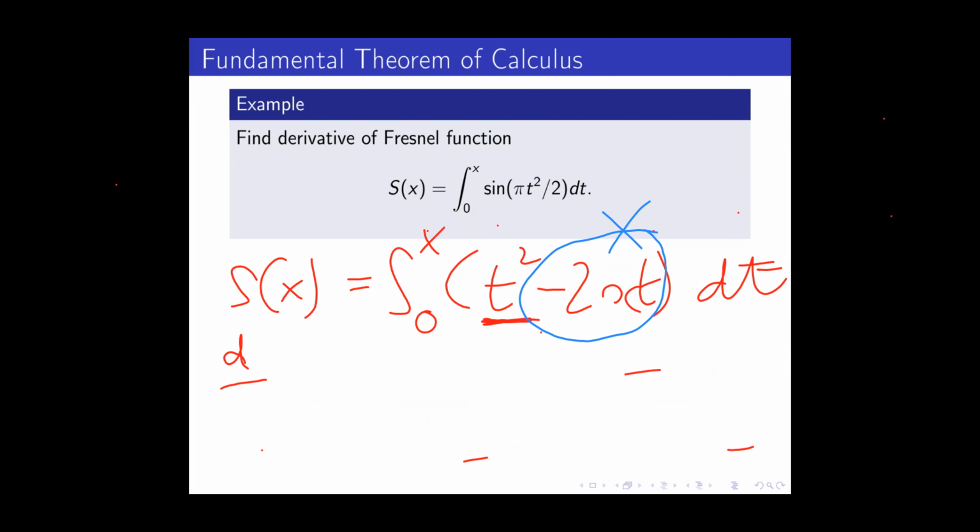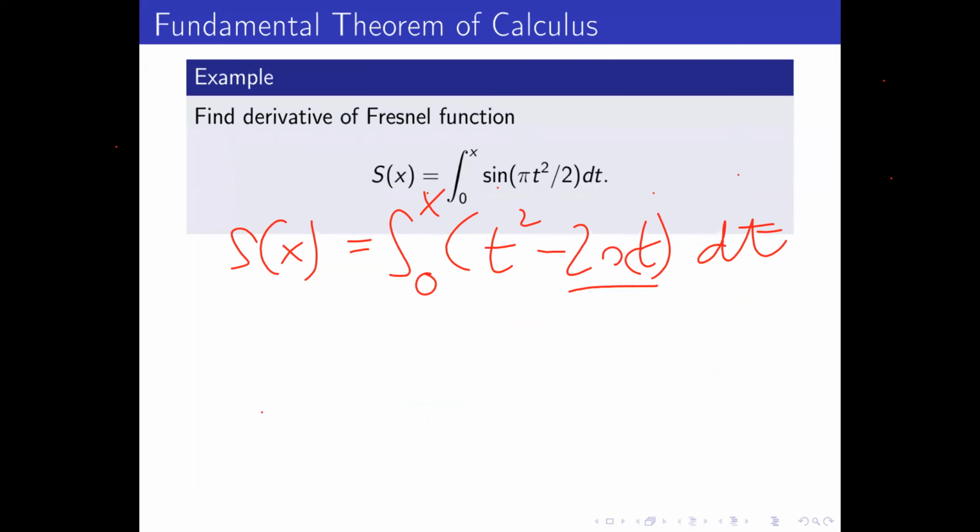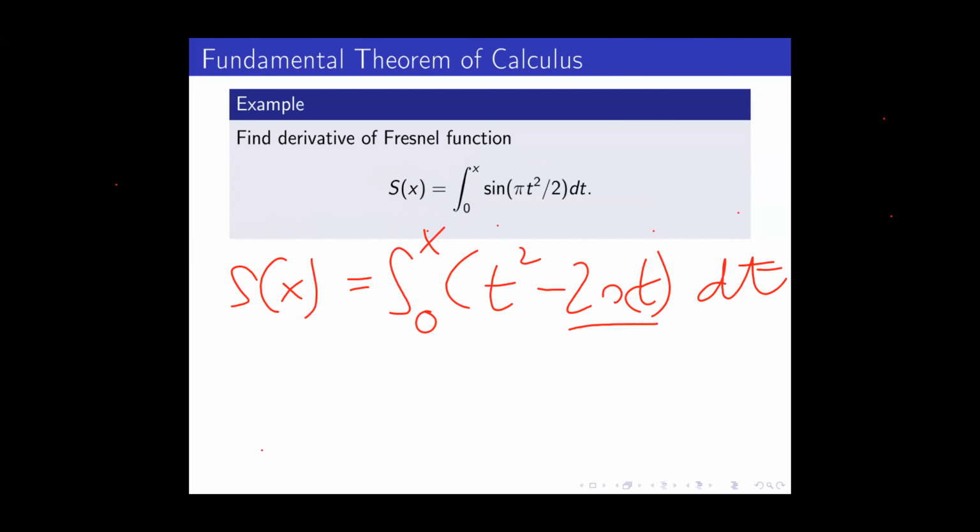So let's consider this case now. So what do you think the answer to this is? So here you have 2xt here. So what do you think is the answer? So you again, Zain, what is S prime?